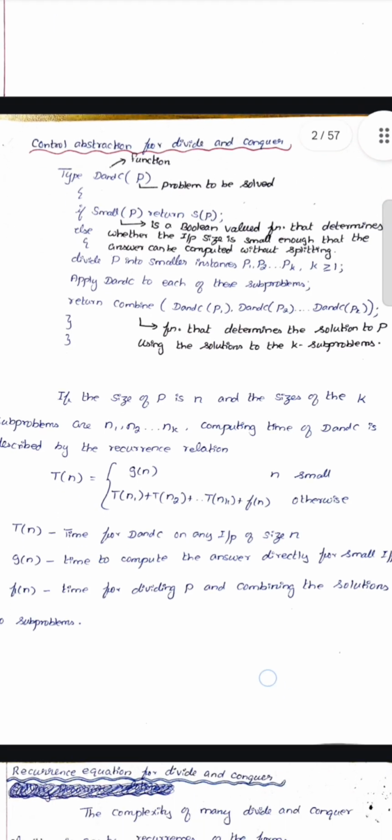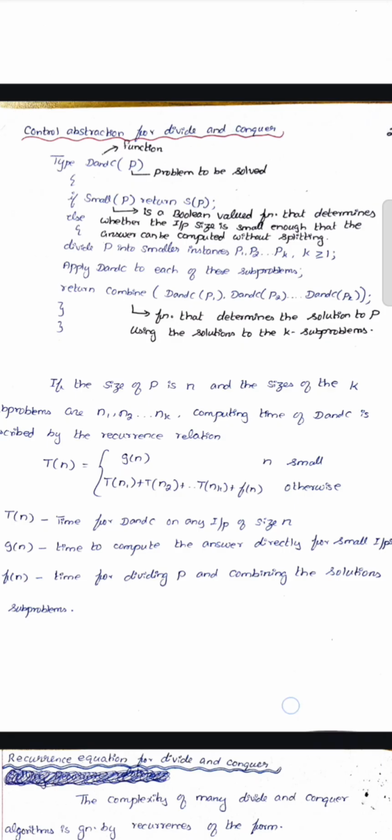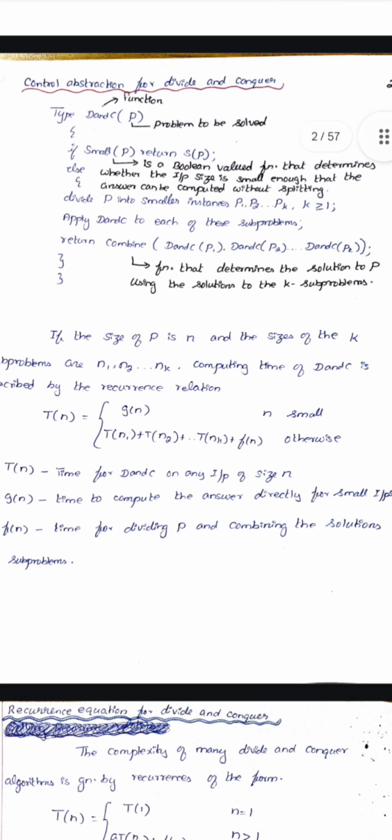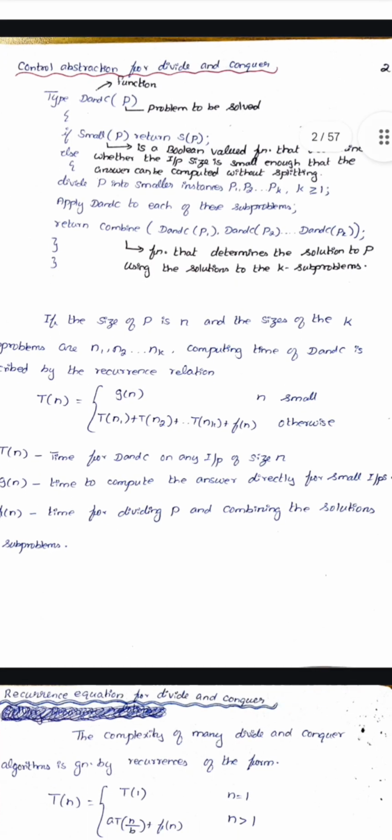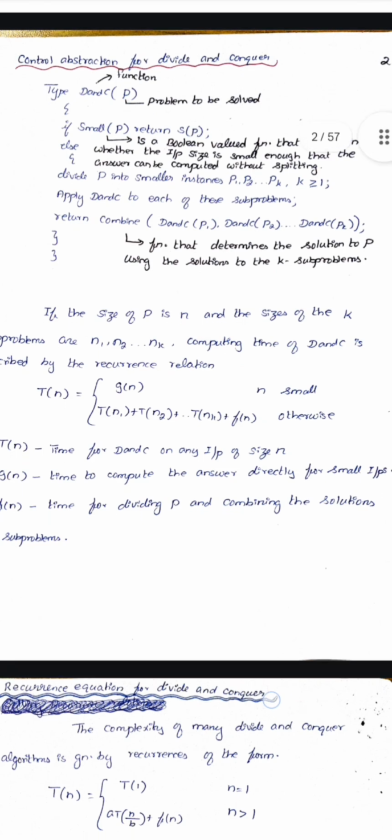Control abstraction for divide and conquer. Algorithm DAndC(P), where P is the problem to be solved. If Small(P), return S(P). Small is a Boolean valued function that determines whether the input size is small enough that the answer can be computed without splitting.